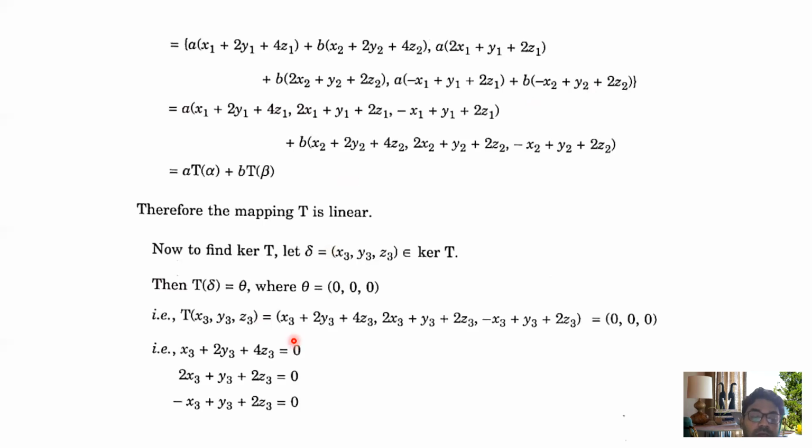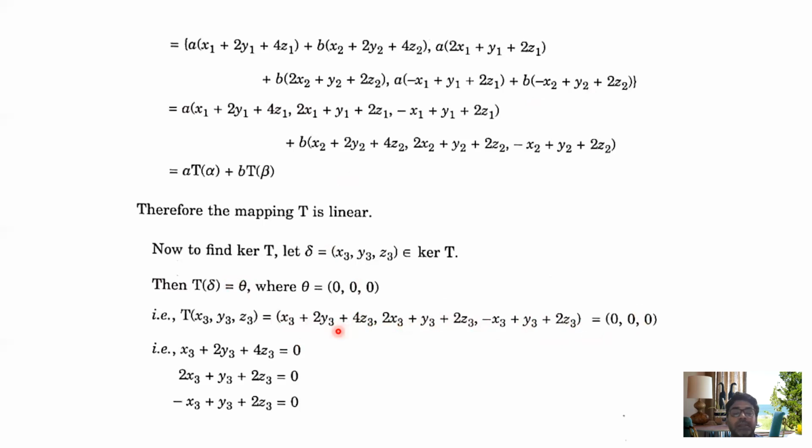So that means (x3 plus 2y3 plus 4z3, 2x3 plus y3 plus 2z3, minus x3 plus y3 plus 2z3) is equal to, on the right side, theta, that is (0, 0, 0). So you have three components.